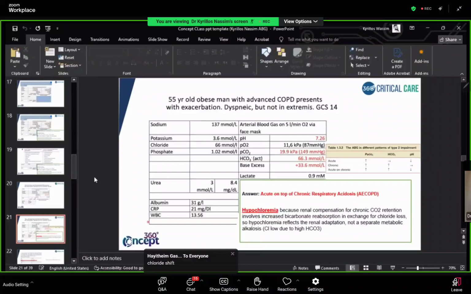So the hypochloremia reflects the renal adaptation, not a separate metabolic alkalosis. So as a simple acid-base disorder, chloride is low due to high bicarbonate. And this type of answer they need from you in the examination, as fast as possible, to get the full mark. Let's go to the next slide.